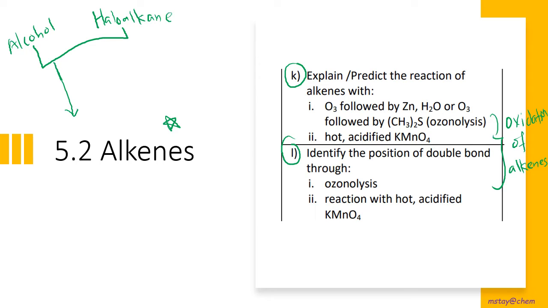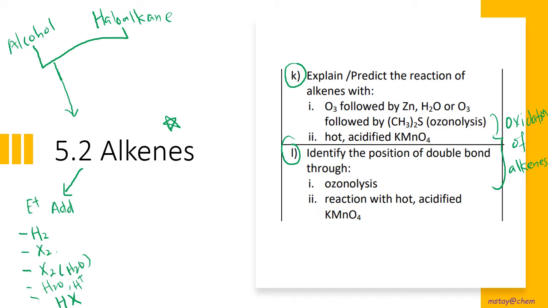Then for alkenes, we already learned about electrophilic addition, which involves reagents: hydrogen with a catalyst, halogen in a solvent, halogen in water, acidified water, and also hydrogen halides.